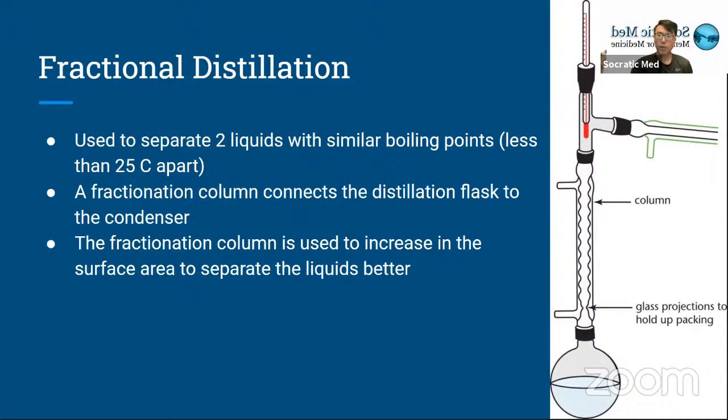Once you reach 10 degrees Celsius, the first compound will drip out, and then you might have a little lull between 10 and 20 where no liquid or only a little bit of liquid drips out. Once it hits 20 degrees Celsius, that one would slowly drip out, and then another lull until it reaches 30 degrees Celsius, and then the third compound will drip out.